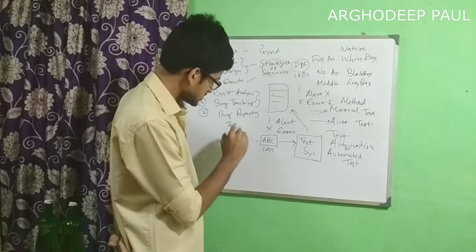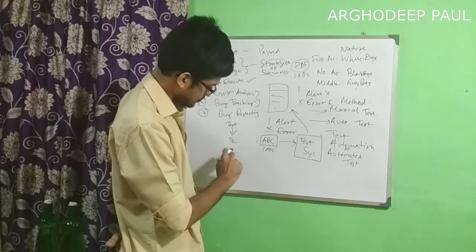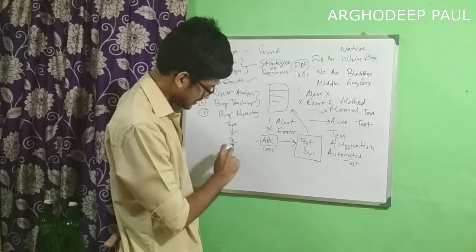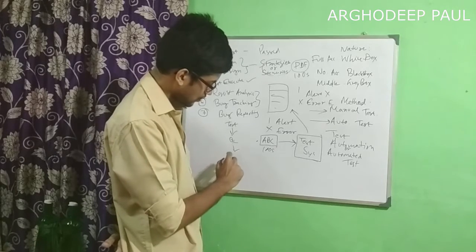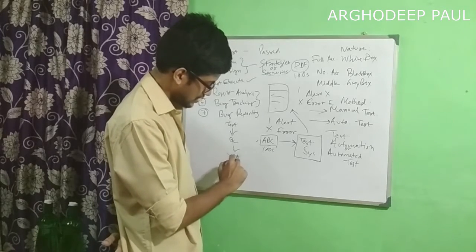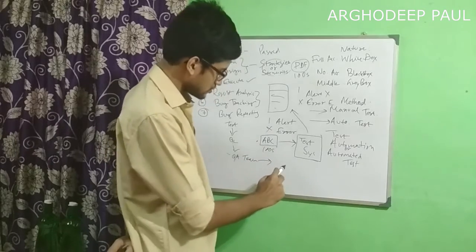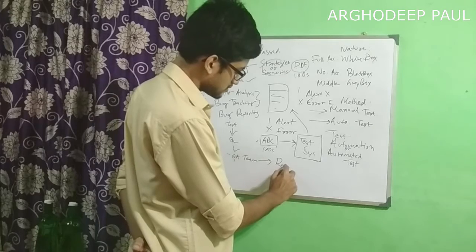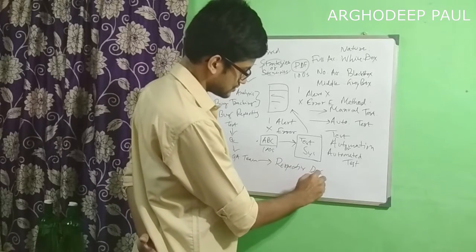It is the tester's responsibility to report the bug to the QC, and further it is the responsibility of QC to contact the QA team, and the QA team will further contact the respective developer.